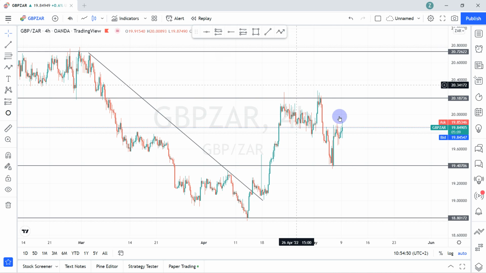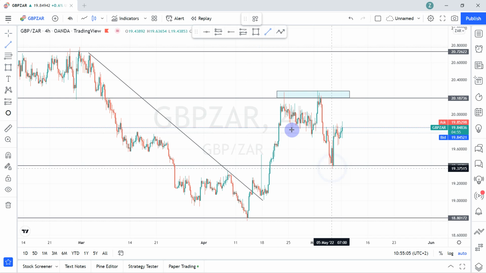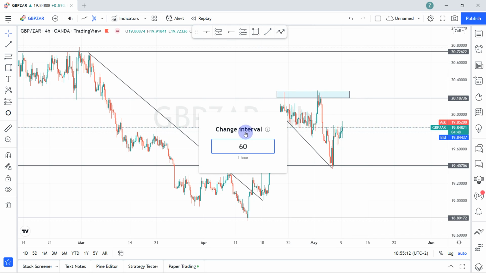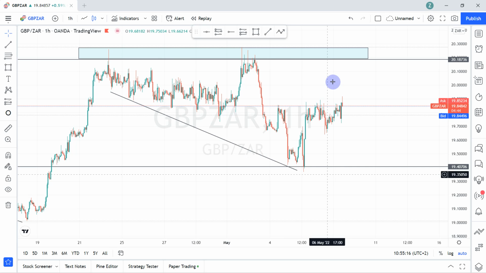So focusing on the current market situation, this is the zone that I want to cater for. I also want to cater for this.